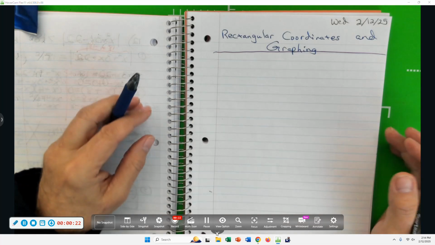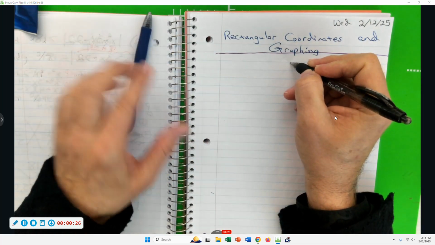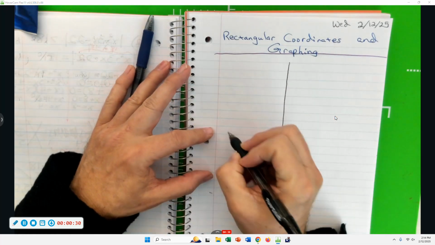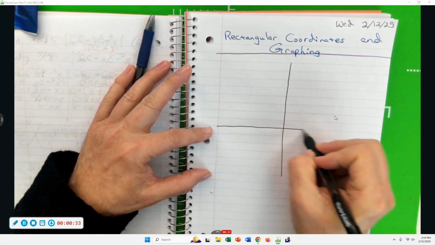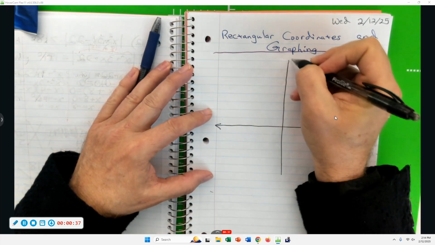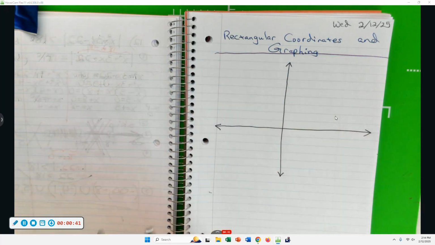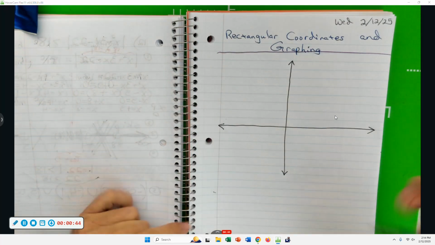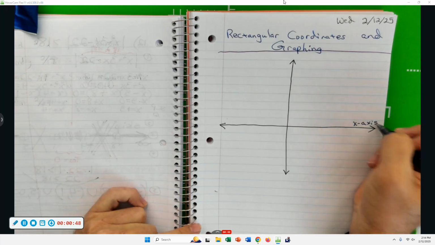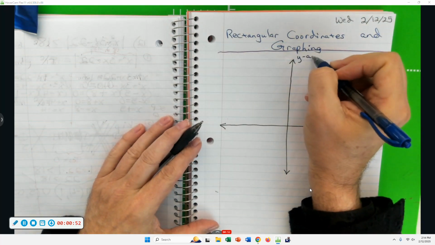rectangular coordinate system. A rectangular coordinate system consists of two number lines, a vertical number line and a horizontal number line. The vertical number line is most frequently called the x-axis, and the horizontal number line is called the y-axis.